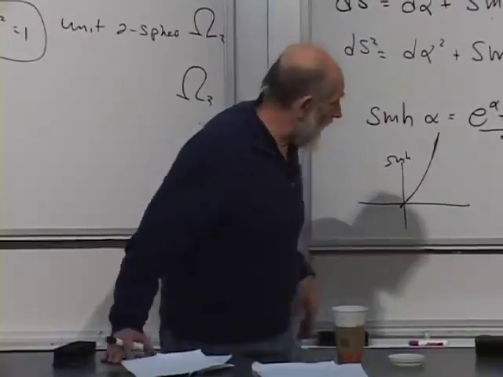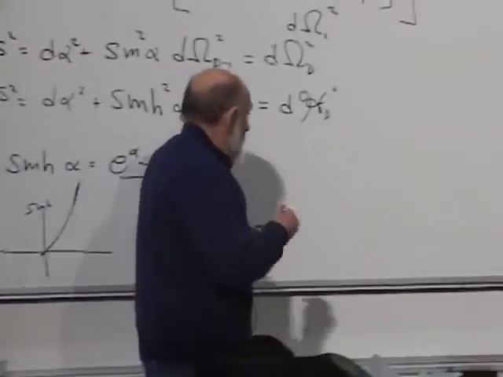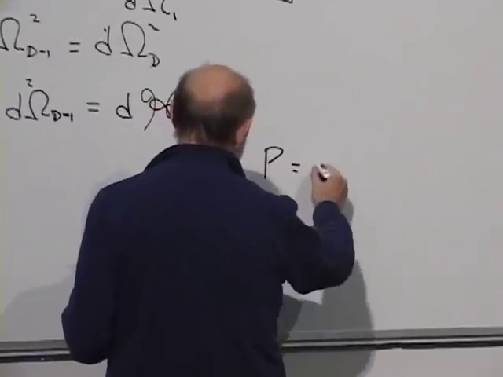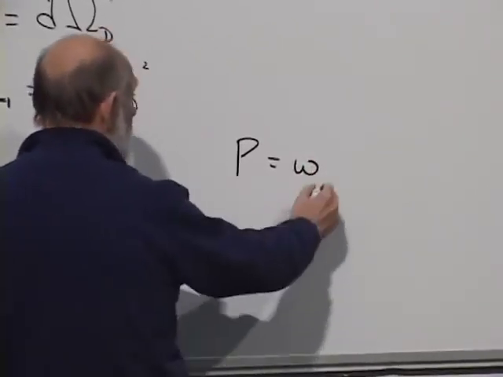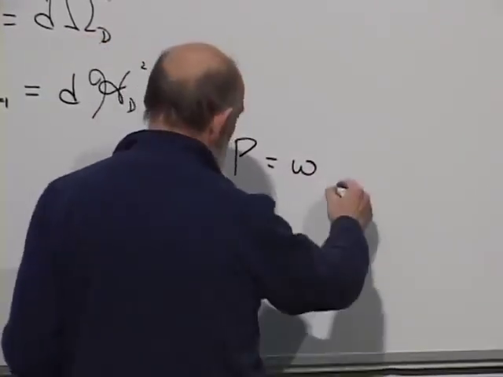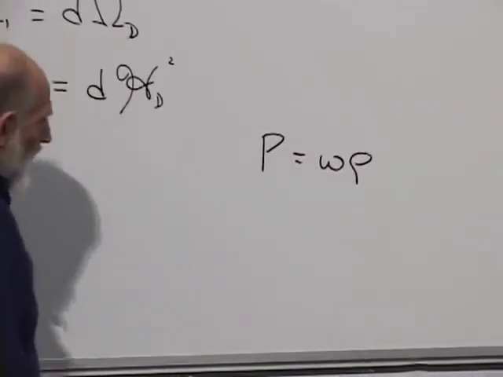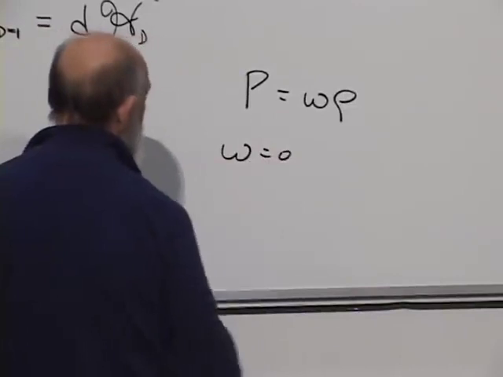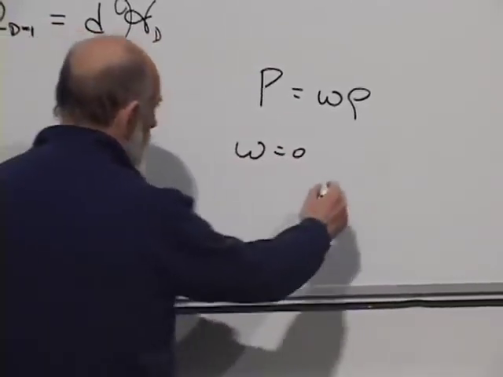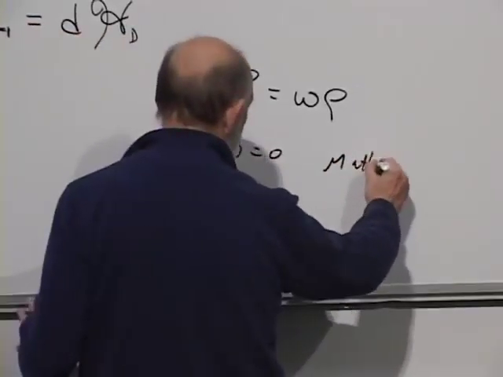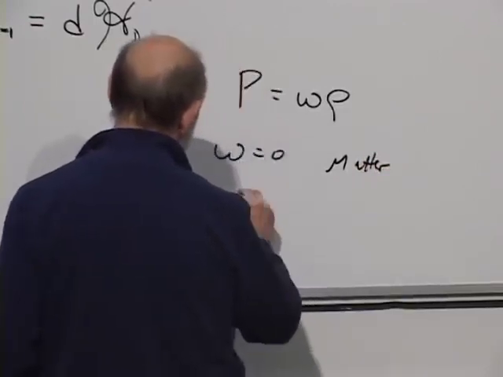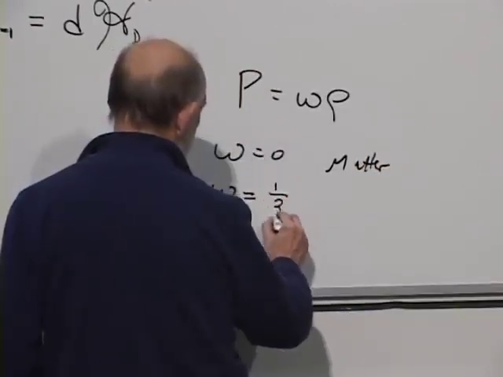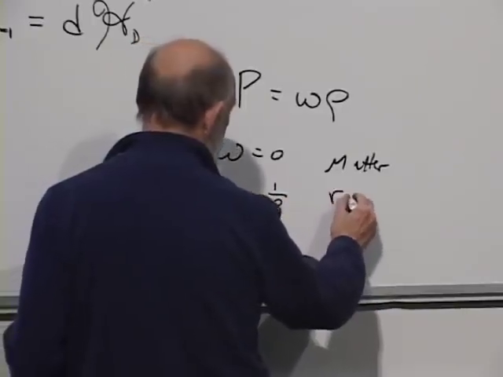And remember, we had an equation, just mostly definition, that pressure is equal to w, the definition of w, times, what do we call energy density? Rho, I guess. And the three cases of interest were w equals 0, 0 pressure, that's called matter-dominated. w equals 1/3, that's called radiation-dominated.